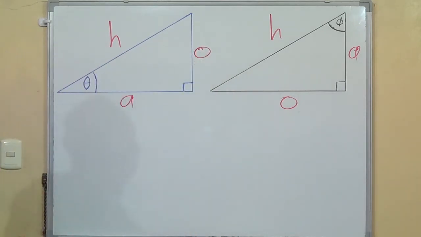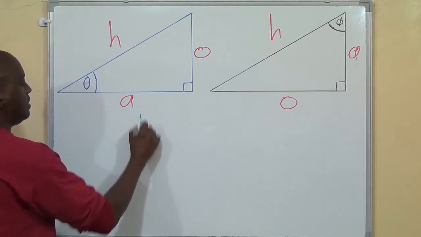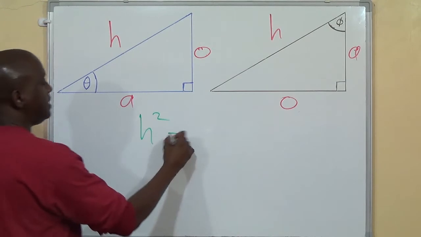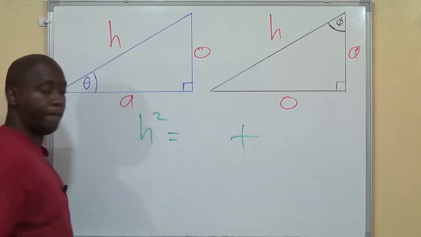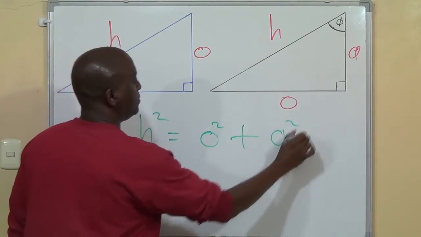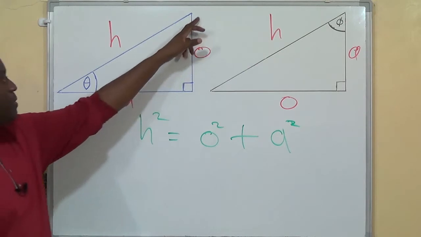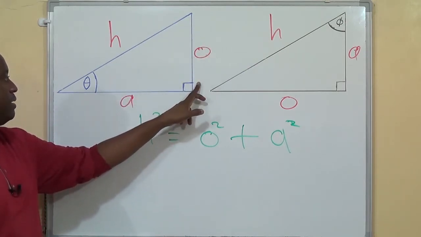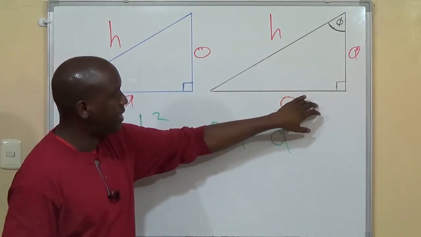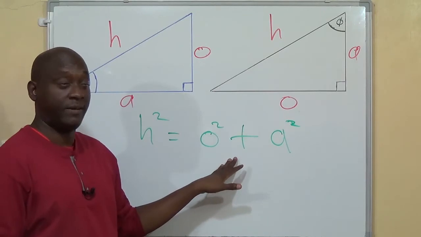So, let us just write it out in symbols here. Pythagoras Theorem states that the hypotenuse squared is equal to the sum of the squares of the other two sides. Good? So whether your opposite side is on this leg, as is the case in the blue triangle, or on this leg, as is the case in the black triangle, it is still the opposite side, right?